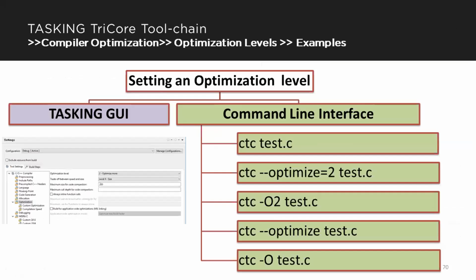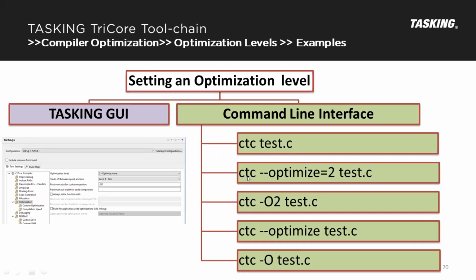All right, so again, how to set an optimization level. As I showed you, you could select it from the Tasking GUI interface, or you could also use the command line interface if you would like. Let's assume I'm trying to compile a file called test.c. You call the compiler, this TriCore compiler executable, and pass as a parameter the files that I need to compile.